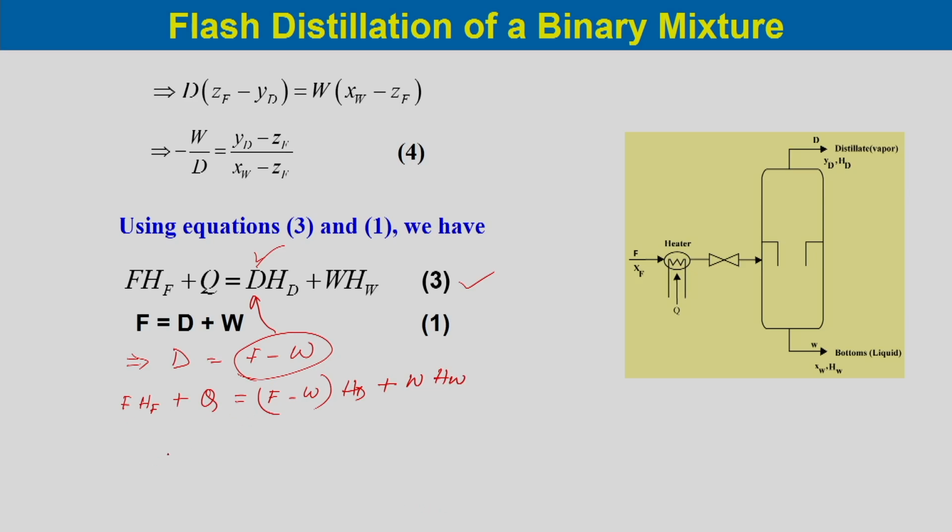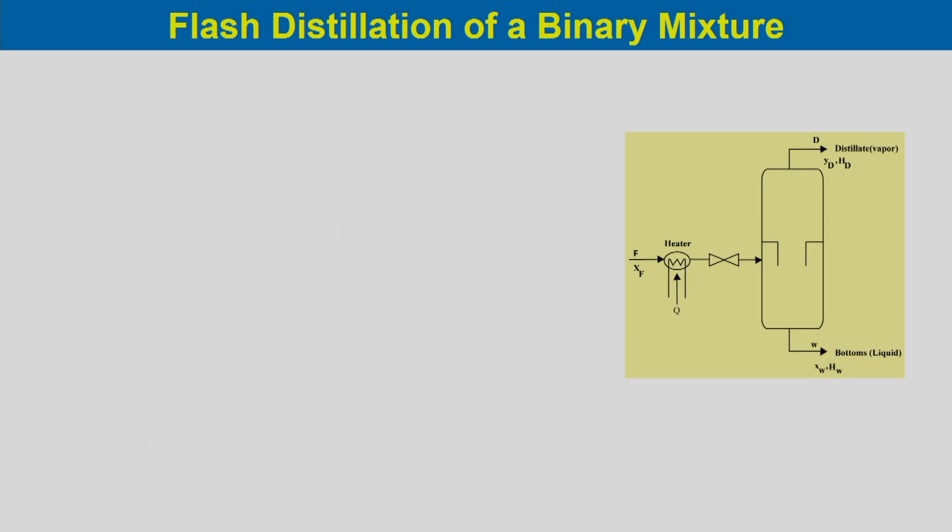Now, if we do the rearrangement, that is F HF plus Q would be equal to F HD minus W HD plus W HW.